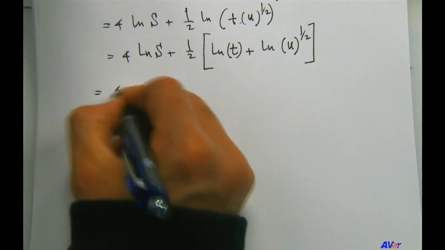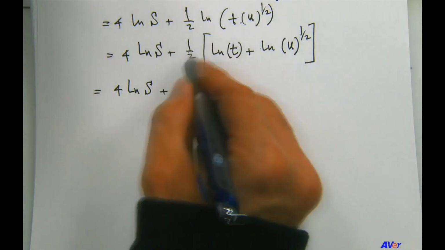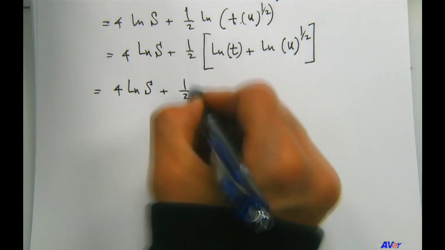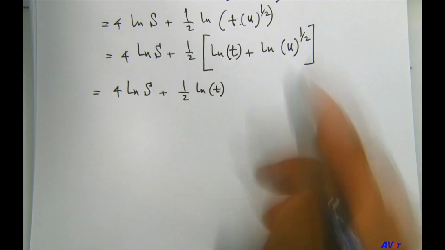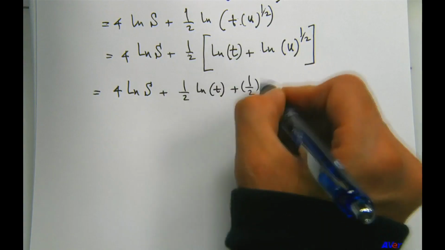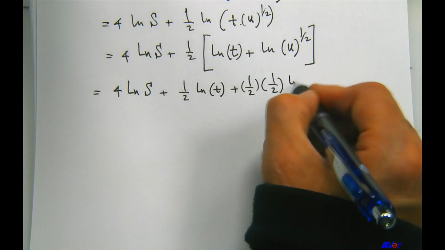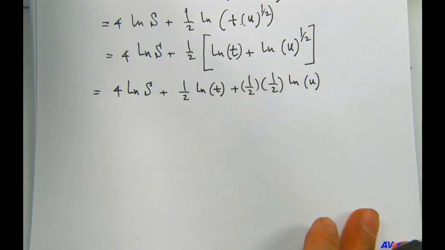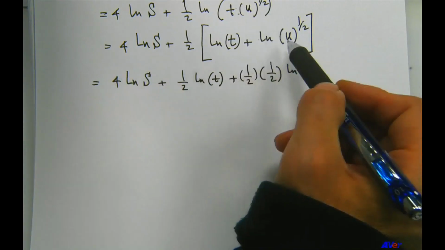So we have 4 times natural log of s plus 1/2 times natural log of t, right, plus 1/2 times this 1/2 brought in front, 1/2 of natural log of u. I just did it like this so you can see every step. But you don't have to do this on an exam. You can go as fast as you like.